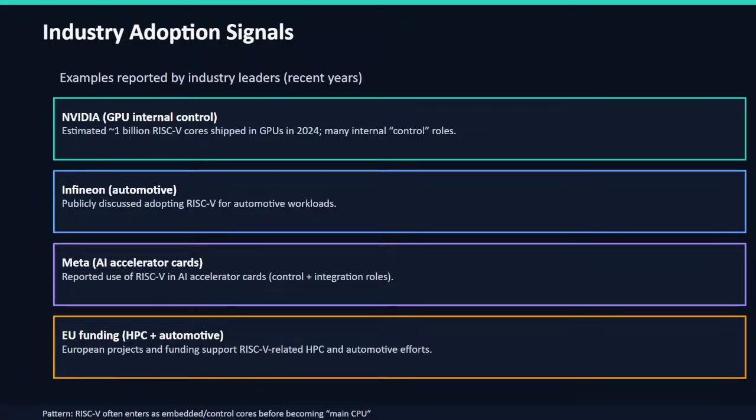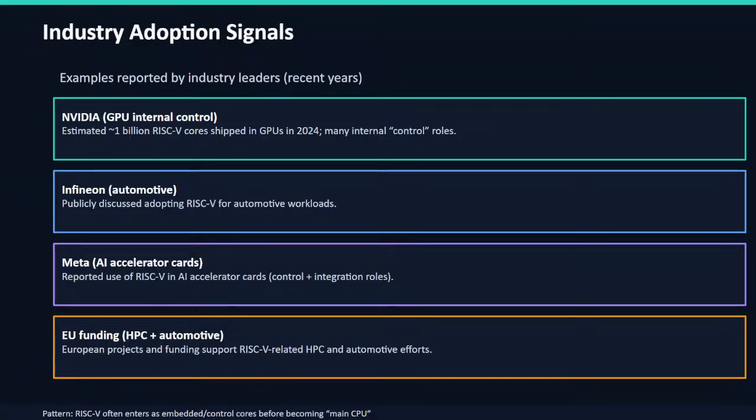Industry reports estimate that NVIDIA shipped around 1 billion RISC-V cores inside their GPUs in 2024. Not as a main CPU you program directly, but as internal control cores that handle many system functions.